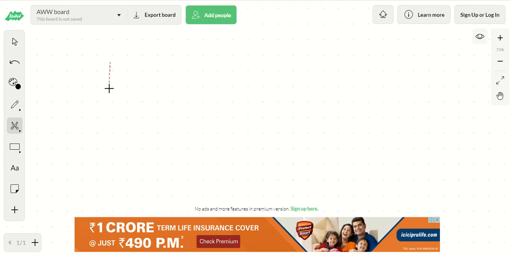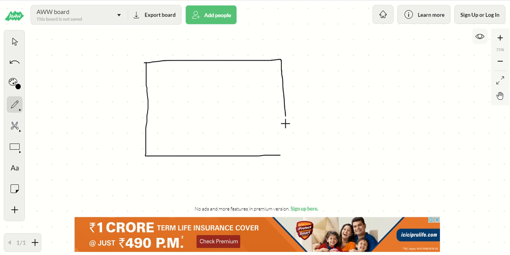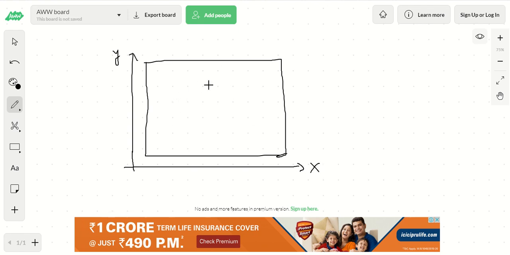Now suppose this is a room, and this is the y-axis, and this is the x-axis. Now we define the temperature in this room in each and every direction.